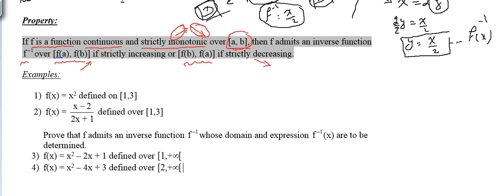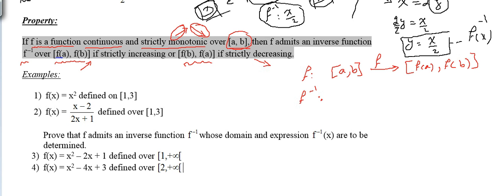This means it should be either an increasing or decreasing function. The inverse will be defined... what's the meaning of interval AB? Interval AB goes in relation f to domain f of A, f of B. Now, this is the function, right? Now, what is the inverse function?